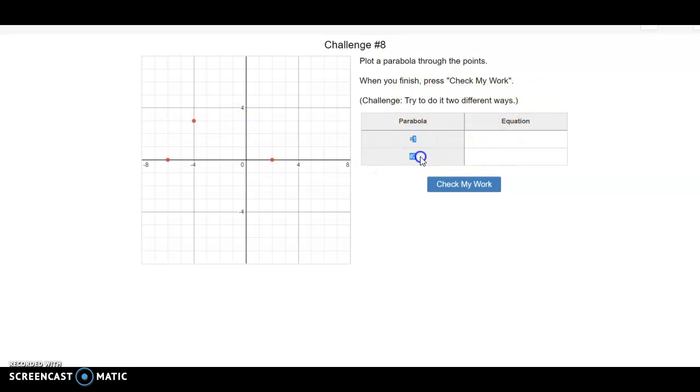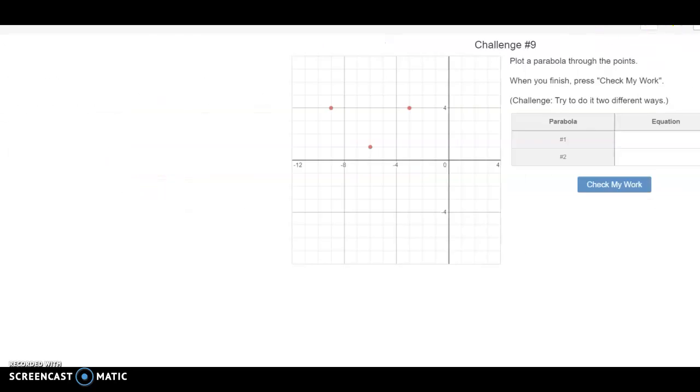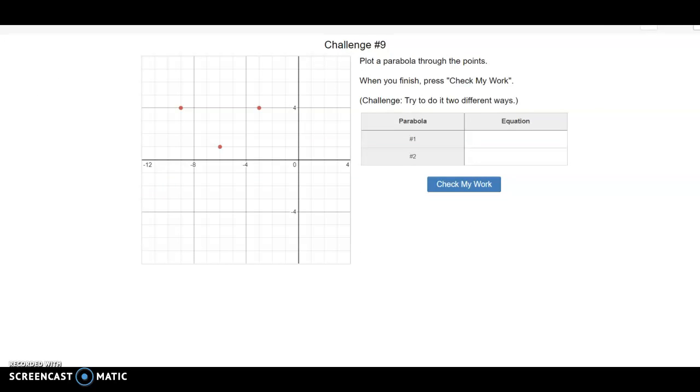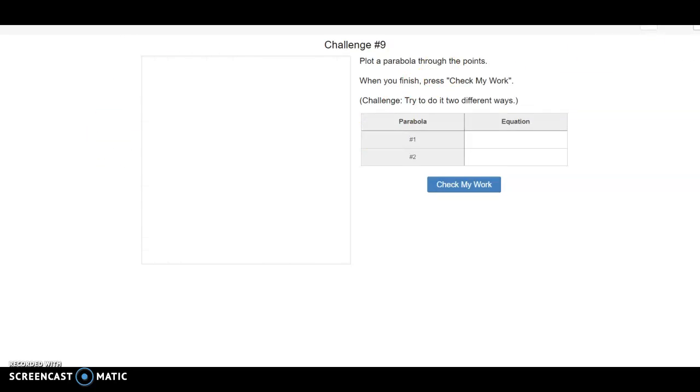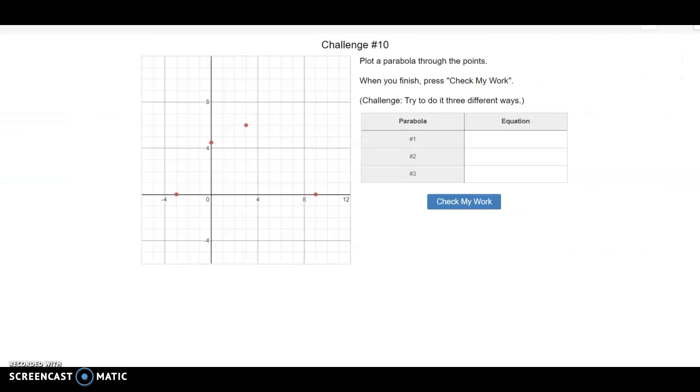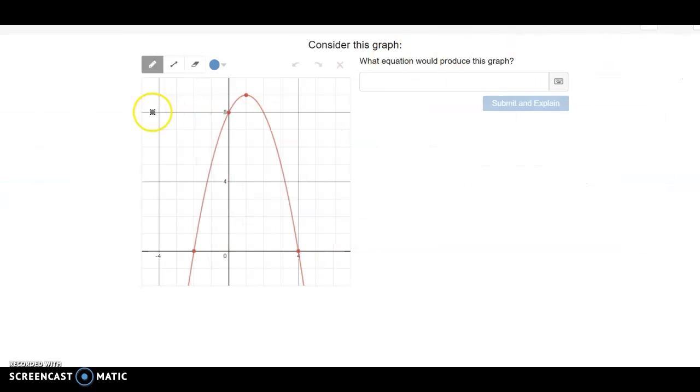You're going to figure out a parabola 1 and 2, mess around, see what you want to create. What you're going to try to do is hit all 3 of the points. And for 9, it's the same thing, write it 2 different ways. And for 10, same thing, but now 3 different ways.